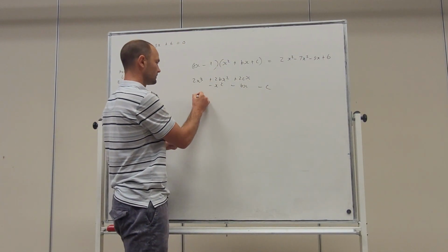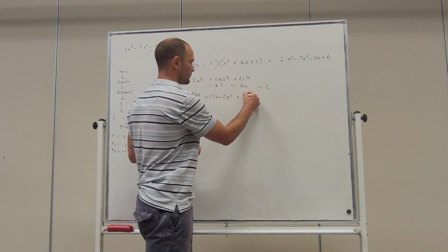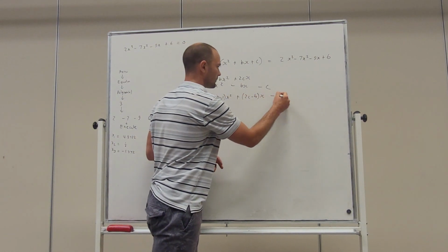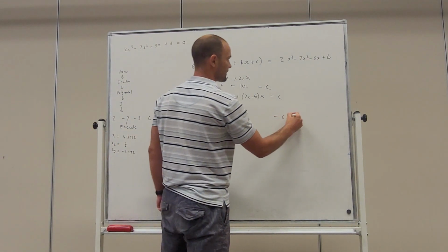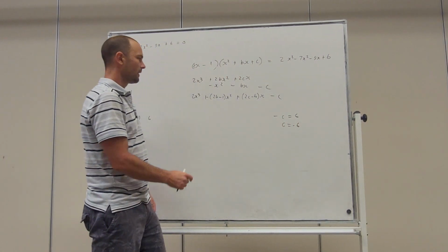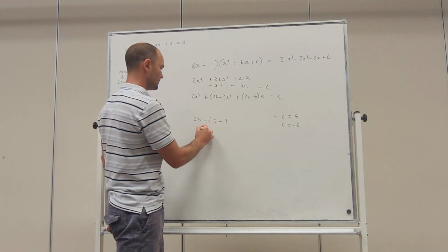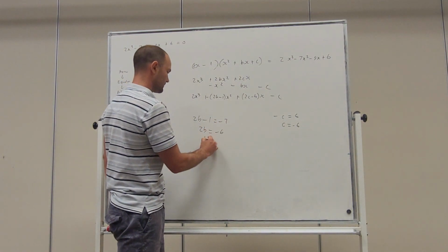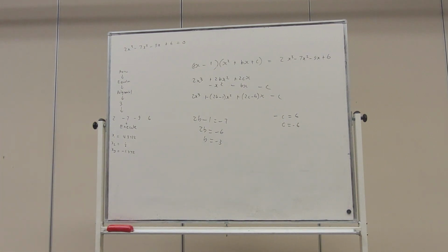Collect like terms. All right, we'll solve through. We've got minus c equals 6, so c is negative 6. And then we have 2b take away 1 is minus 7, 2b is minus 6, b is minus 3. So we've got the values of b and c.